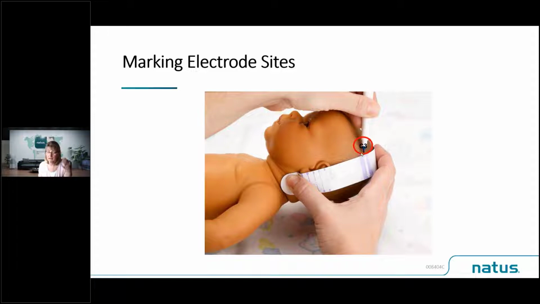And that's going to be on the left side, C3 and P3, and on the right side, it's going to be C4 and P4. If you're using the 3 electrode configuration, then simply omit the anterior side and only mark the posterior side of the arrow. Okay, so you want to make sure that you've got your positioning marked.